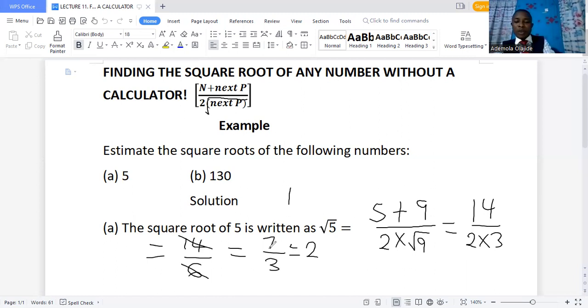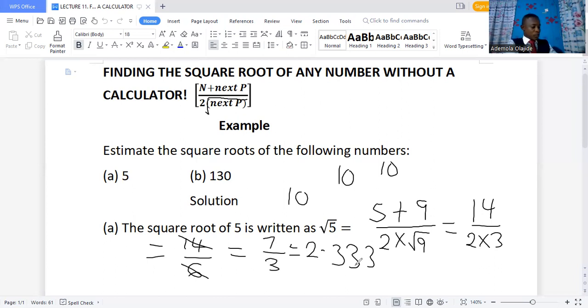Then since it cannot go in 1, apply your decimal point, then add 0 to make 10. Now say 3 in 10, 3 times. You still have 1, which you keep adding 0 to. 3 in 10 again, 3. When you add 0 again, 3 in that 10, 3. That means you will have it as 2.333.